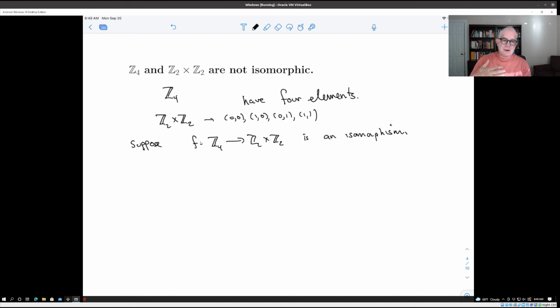And you add them component-wise. So, for instance, (1,1) plus (1,1) is (1+1, 1+1). But that's (0,0) because each component is mod 2. And similarly, every one of these other elements, if you add them to themselves, you get 0 because you're in Z2 cross Z2. So every element of Z2 cross Z2 has order 2.